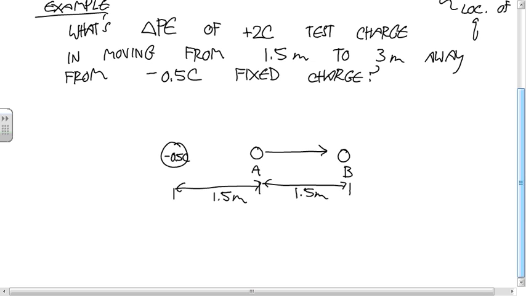We have two options, right? One is if we know the potential energy function. One is if we have a constant force. Well, we have a potential energy function for this. Do we also have a constant force in this force field? Is the force constant at every point? Remember, for the fixed charge, Coulomb's law applies.